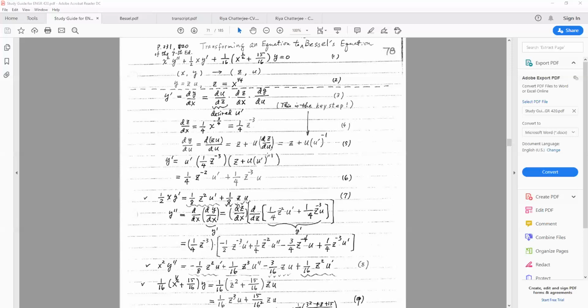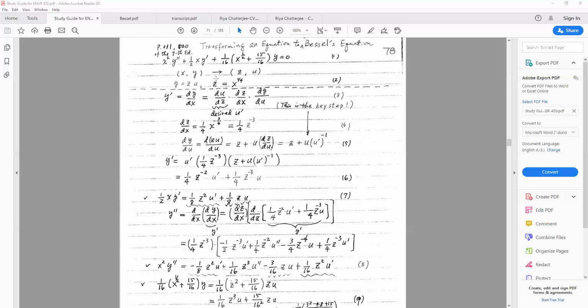This derivative can be written as the inverse of u prime. And then we put all the information into this equation, and we get this expression.